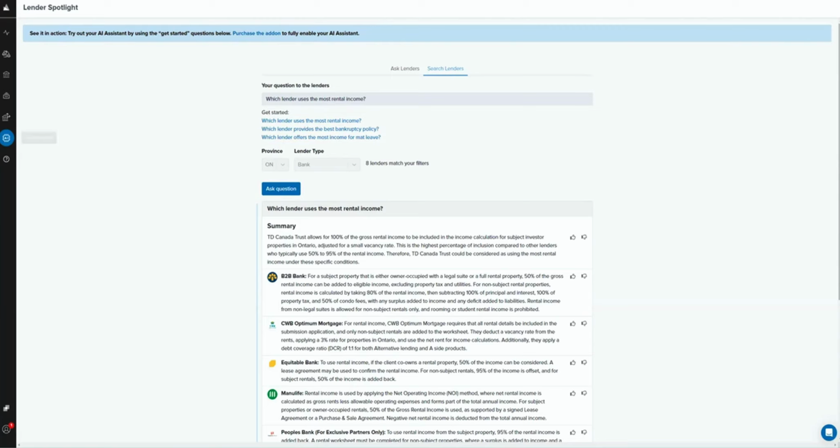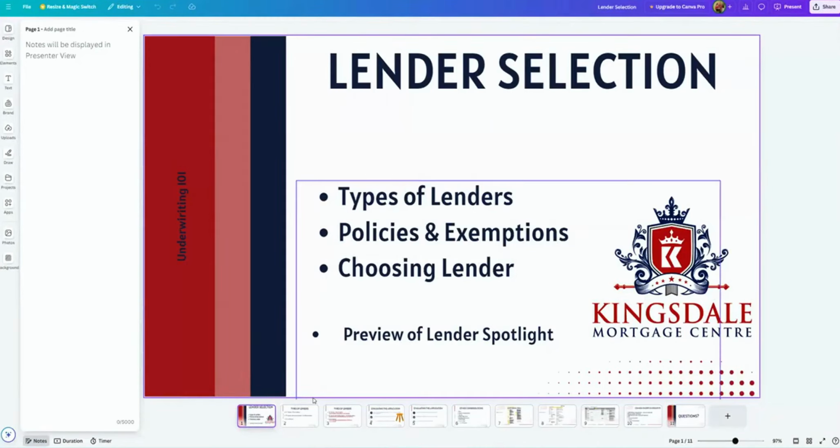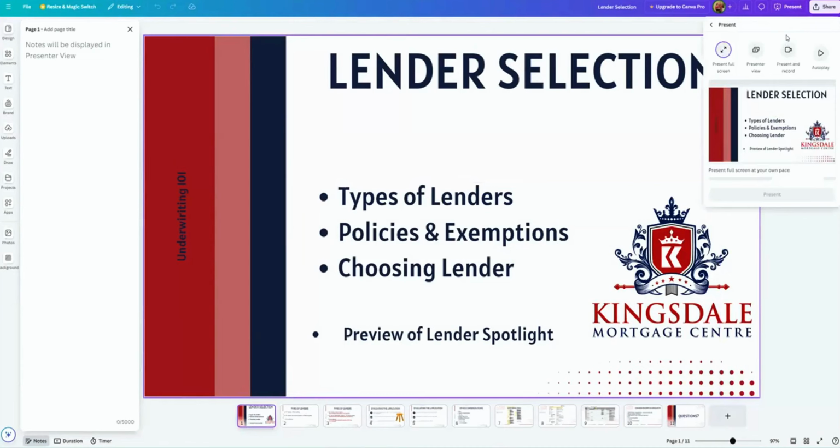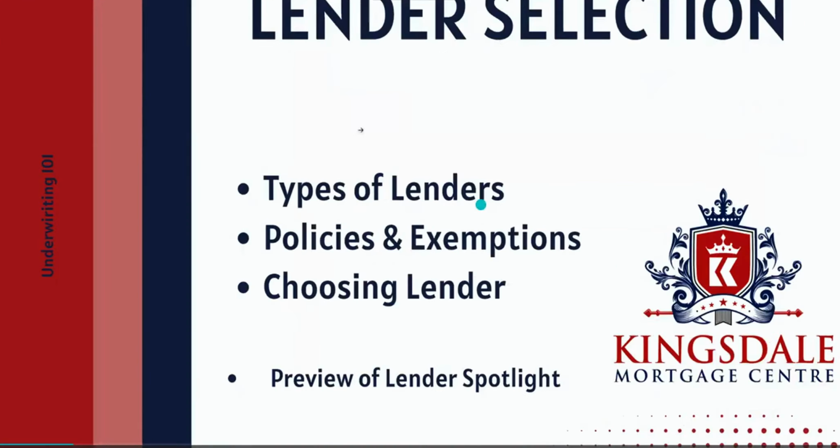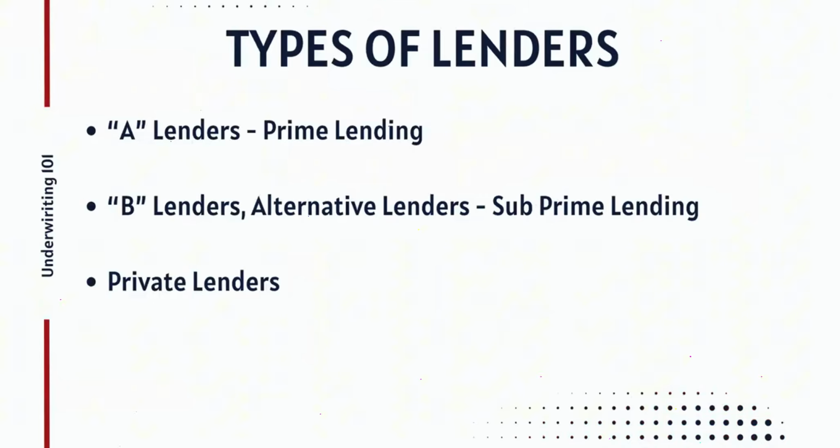Any other questions at this point, guys? Okay, so I wanted to kind of move back into how to select your lender again. So at this point, does everybody have a good understanding of the difference between A lenders, B lenders, and private lenders?